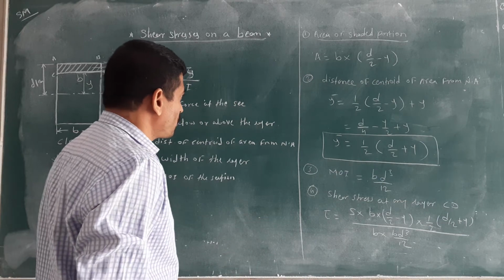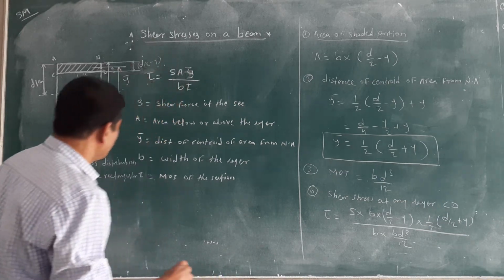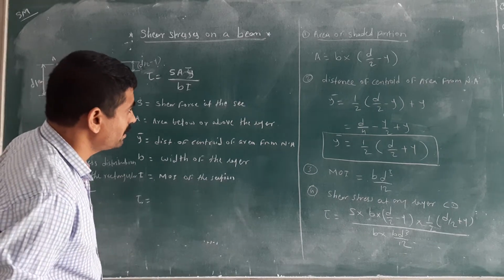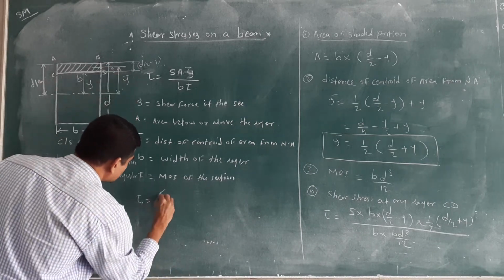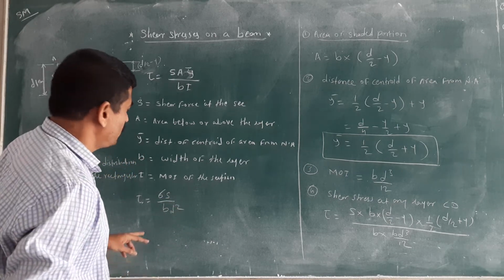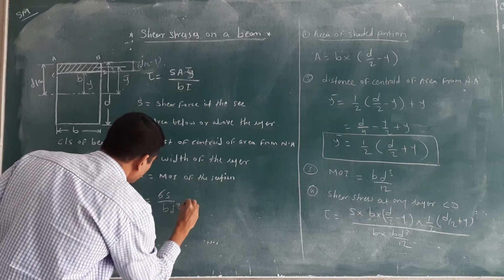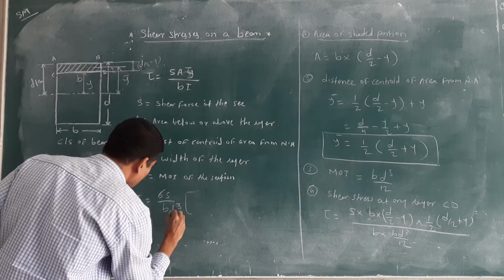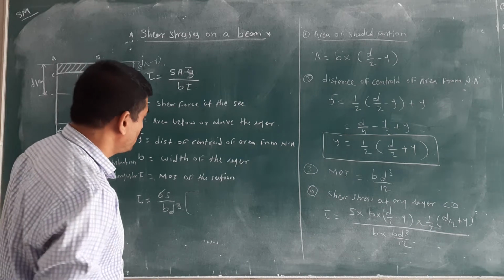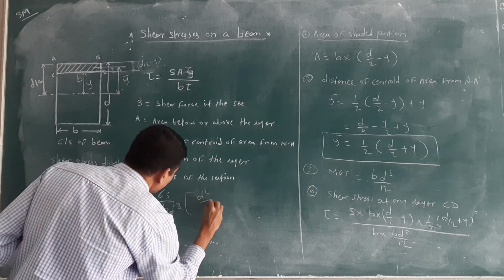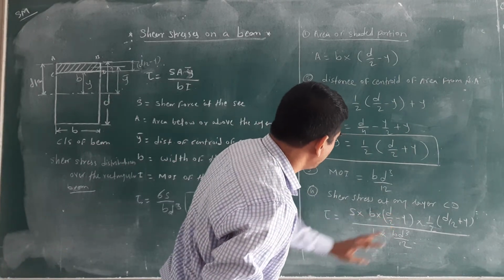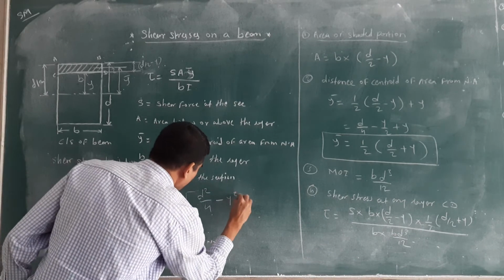If you solve this formula for shear stress at any layer, then you will get tau is equal to, check that this b gets cancelled. You will get 6S divided by BD cube into D square divided by 4 minus y square.